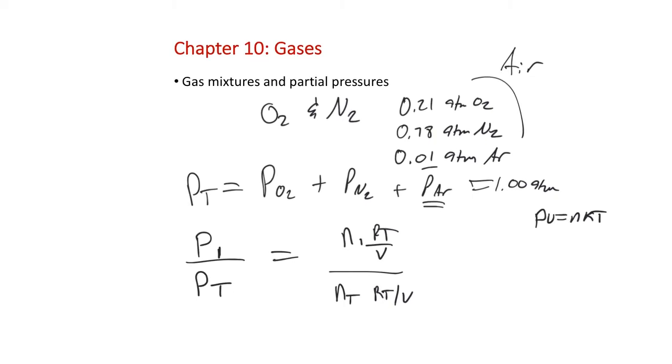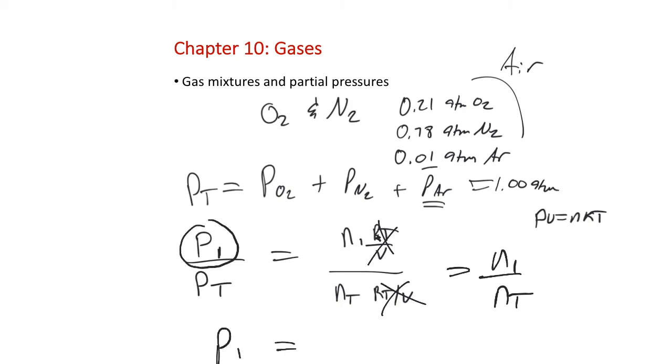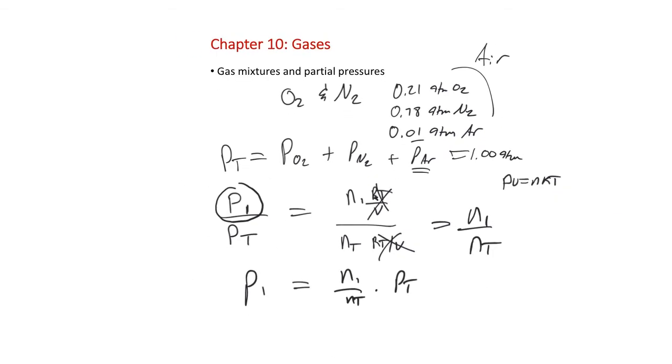Now, since the gas mixtures are in the same container, they're at the same temperature and at the same volume. So those, and of course the ideal gas constant itself, cancel as well. So we have this relationship here that the partial pressure of one of our components is equal to the mole fraction of that component times the total pressure.